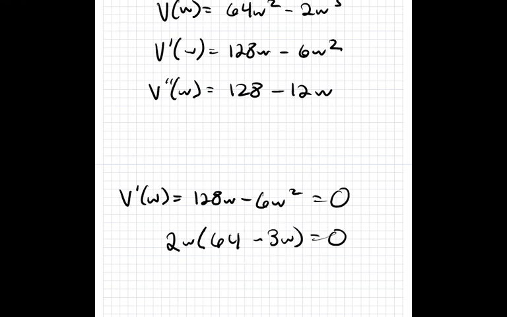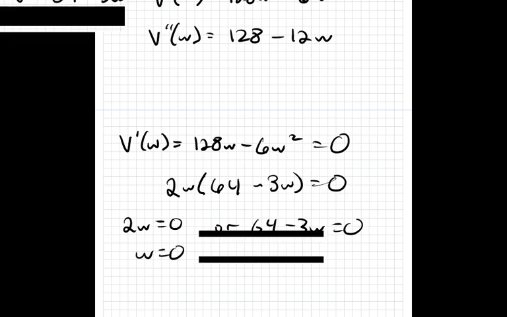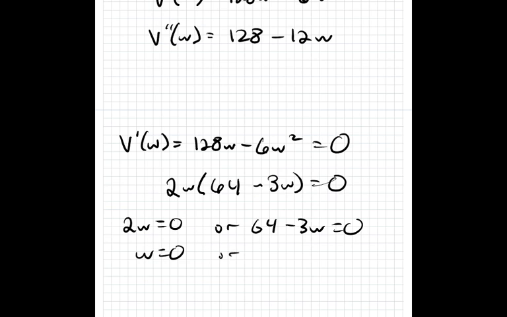From here, we get 2W equals 0, or 64 minus 3W equals 0. So W equals 0, or if we divide, W equals 21 and a third, so 21.3 bar. So we would have critical values when W is 0 or when W is 21.3. I think that's correct.